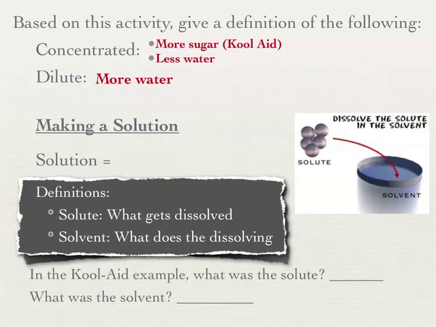The 2 parts of a solution are called the solute and the solvent. What was the salt? Solute, the thing that seems to disappear, the thing that you're adding. And the solvent in this case was what? Water.